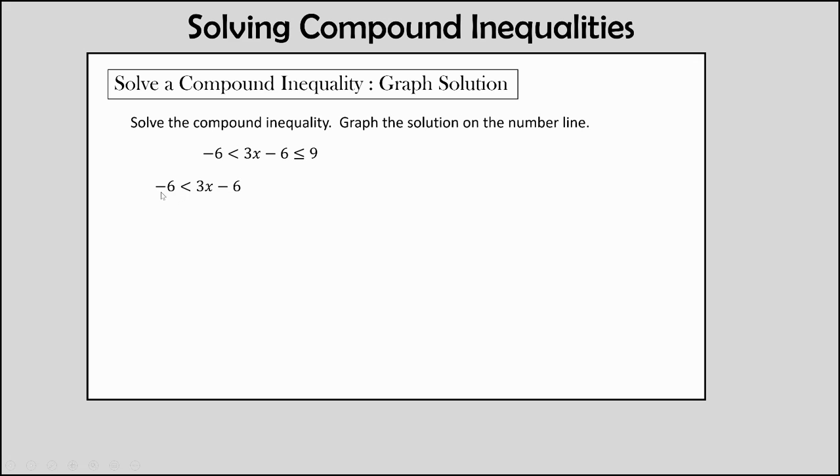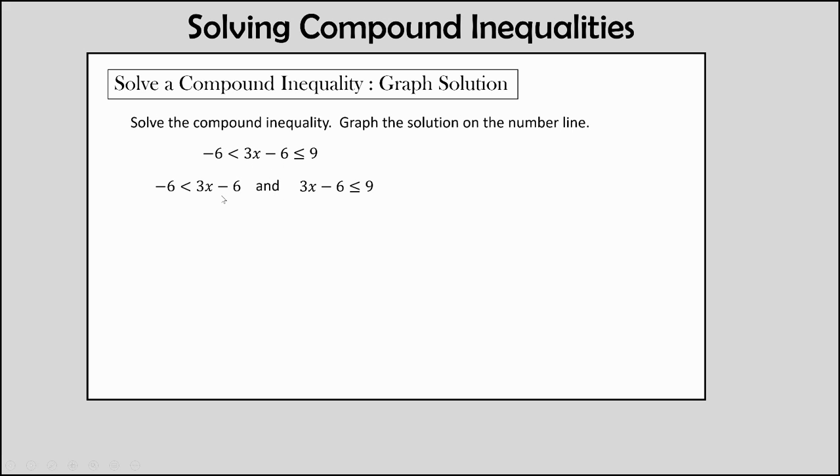The first one would be -6 is less than 3x minus 6. And then the second one would be 3x minus 6 is less than or equal to 9. So the center part becomes part of each inequality on each side. I joined it with the word and because this is an and style.